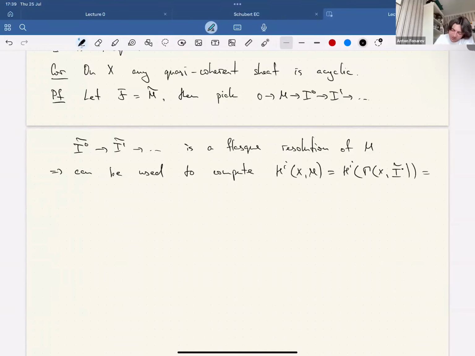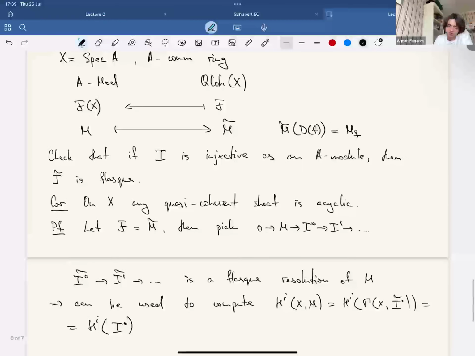But this is the same as the ith cohomology of the complex I, because these are mutually inverse equivalences, global sections and taking tilde, as we discussed before.